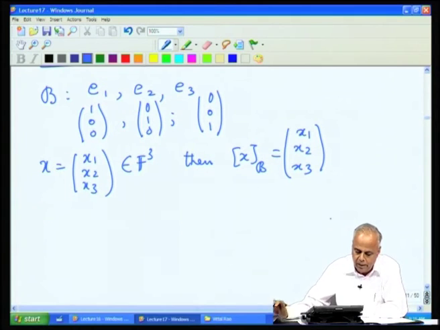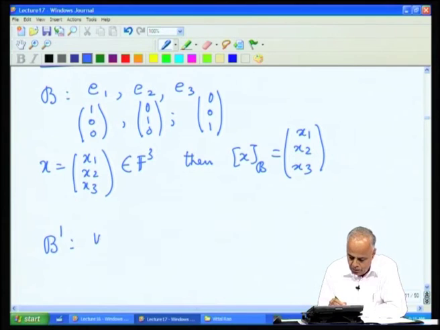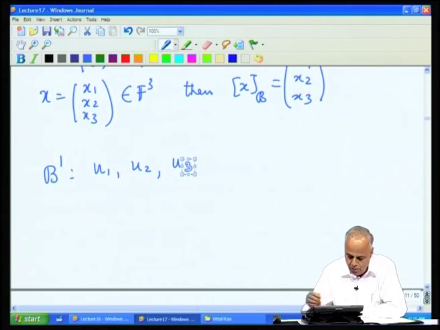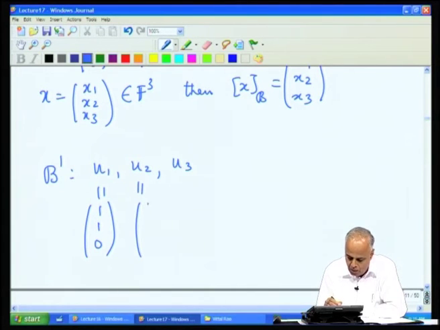Let us now take a new basis B prime, which is u1, u2, u3, where u1 is (1, 1, 0), u2 is (1, 0, -1), u3 is (0, 1, -1).